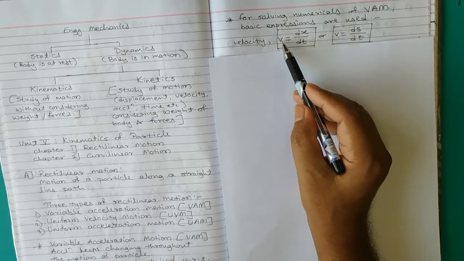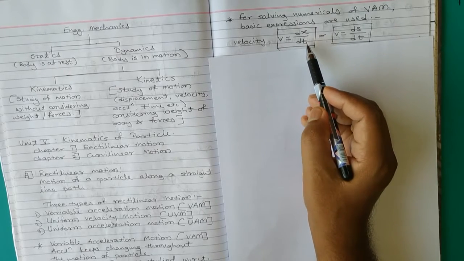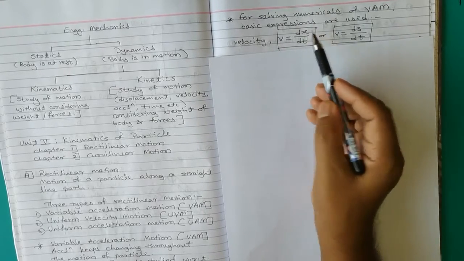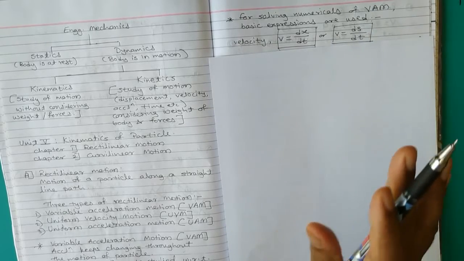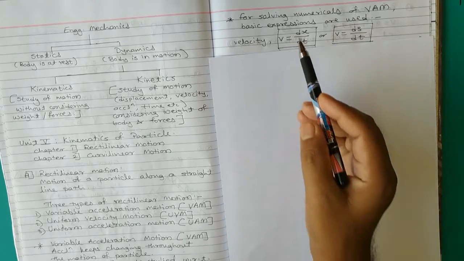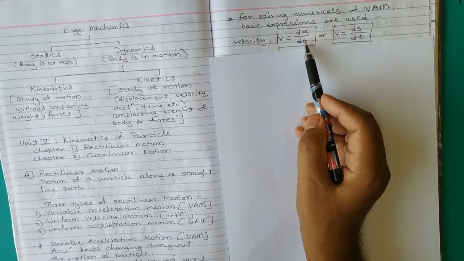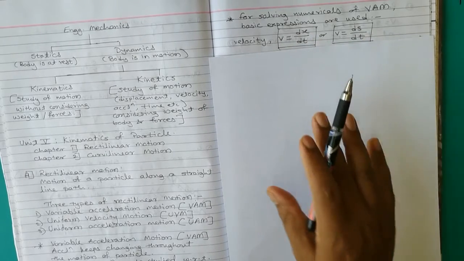So v, the velocity, can be represented as dx by dt. Either you call it x or s, both mean the same thing. Both represent the position or displacement. So velocity is rate of change of position, that is dx by dt or ds by dt.